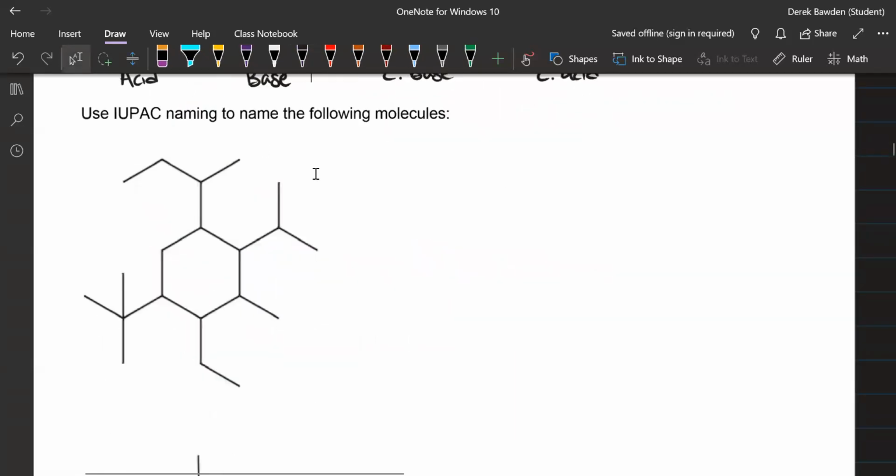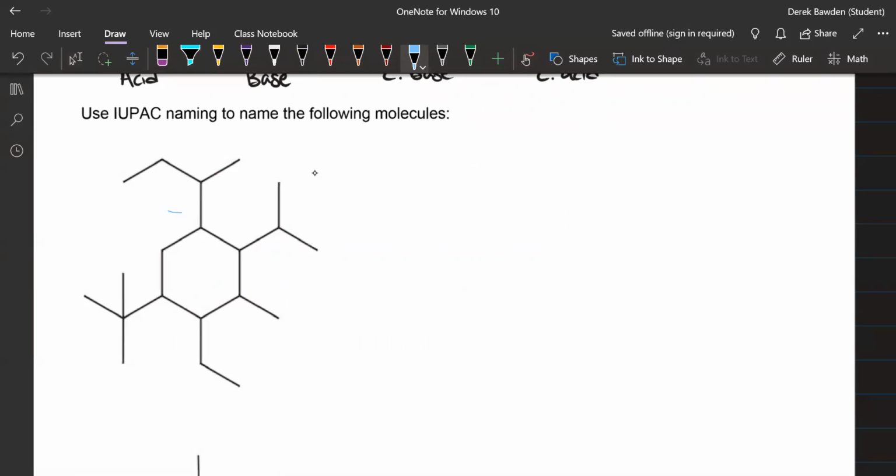All right, let's name the following molecules. So what I like to do for these is I like to go through the whole molecule and label, name all of my substituents. Okay. So let's start with this top one.